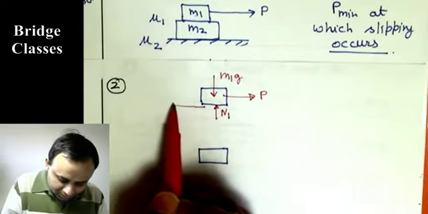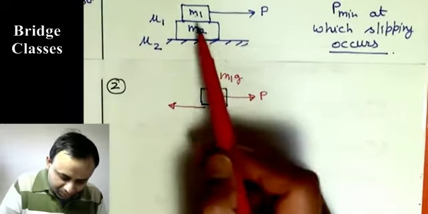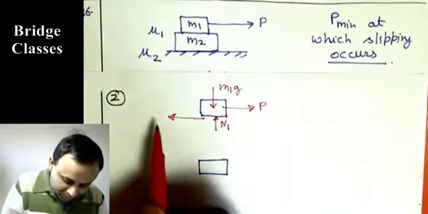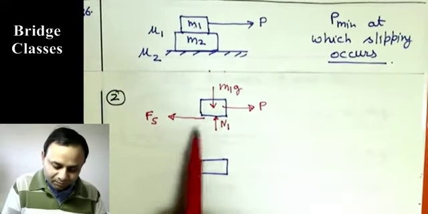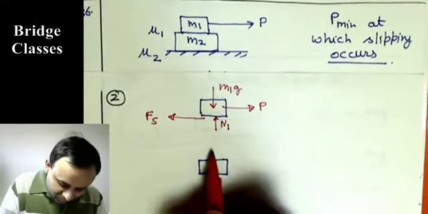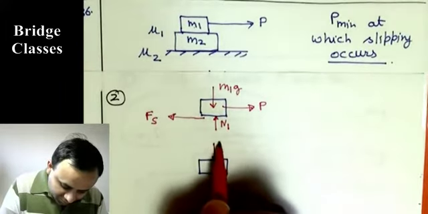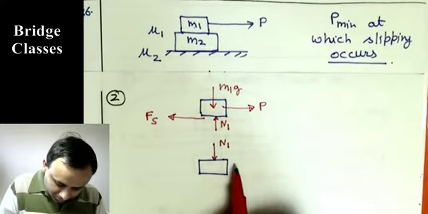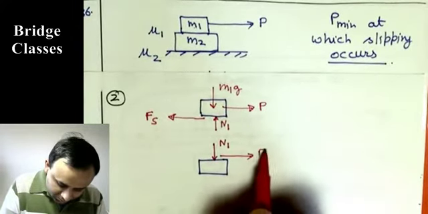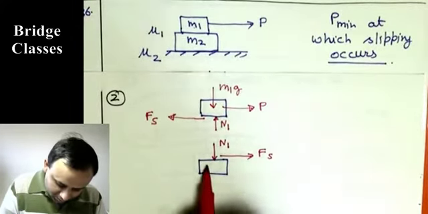the friction on this is static friction, but there is no impending motion between 1 and 2. So I'm just writing this as Fs. Don't write this as mu n. At this surface we have N1. This force is Fs.